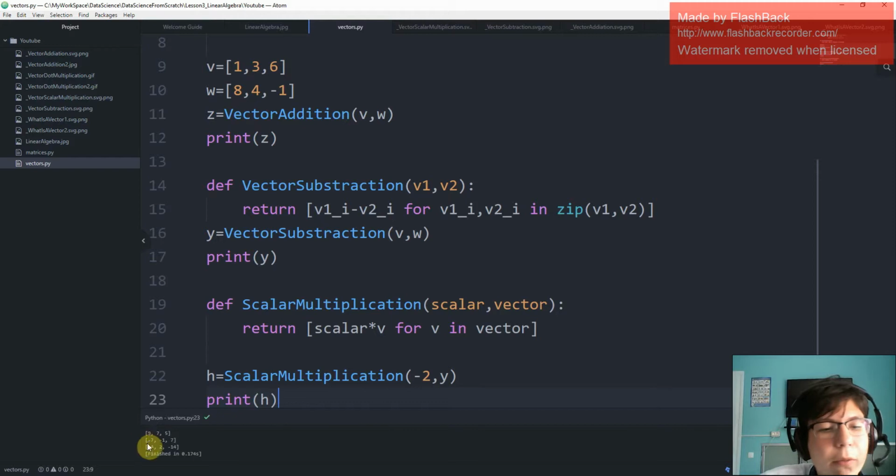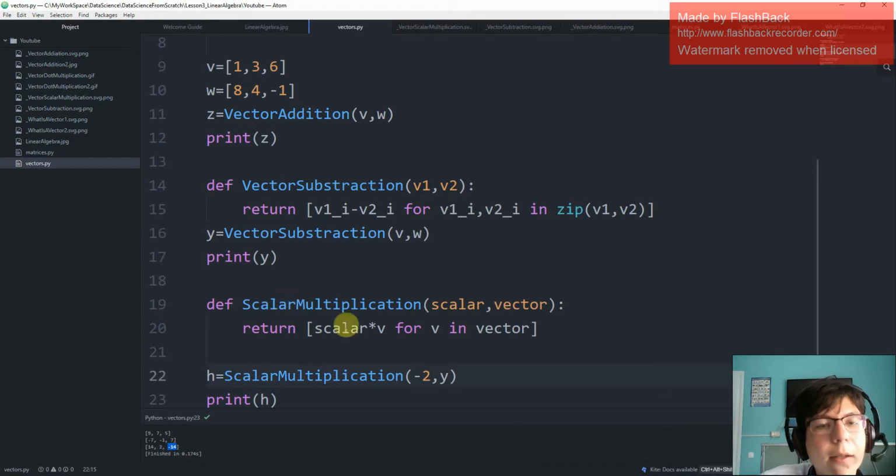Here is our new vector. So our new vector has the values 14, 2 and minus 14, because minus 2 times minus 7 equals 14, minus 1 times minus 2 equals 2, and 7 times minus 2 equals minus 14.